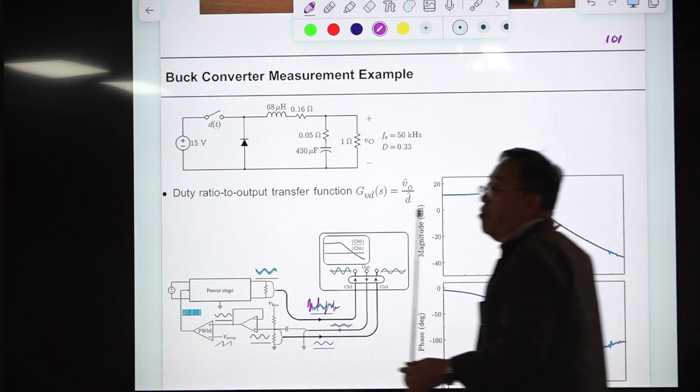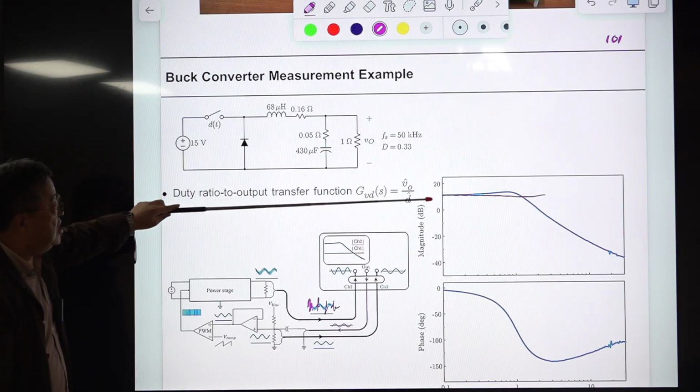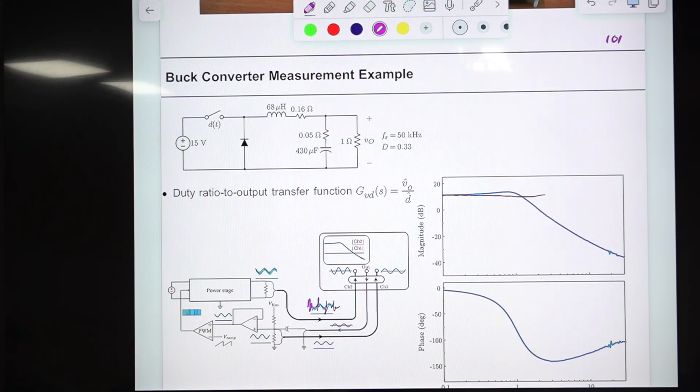Okay? So assume this is generated from the low pass filter. Then it has some DC gain, not 0 dB DC gain, and this will be a double pole. Omega naught is given by this, square root of LC, with some value.